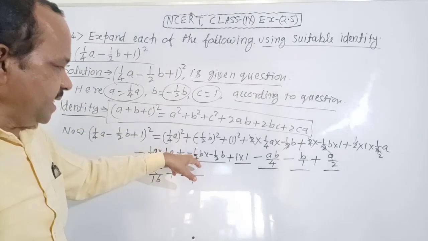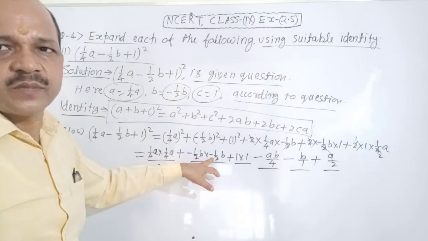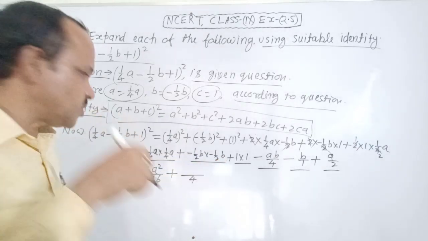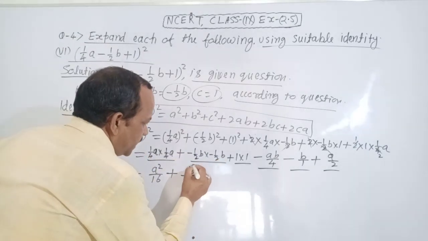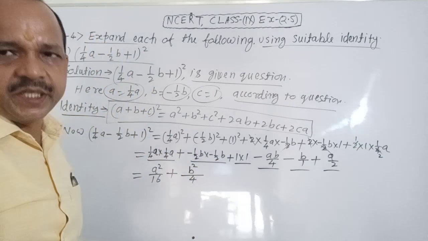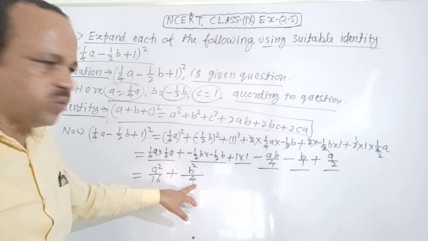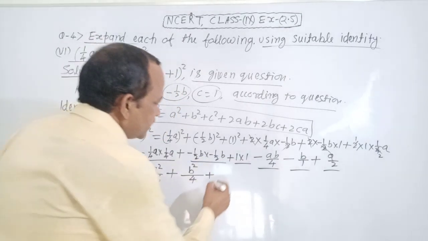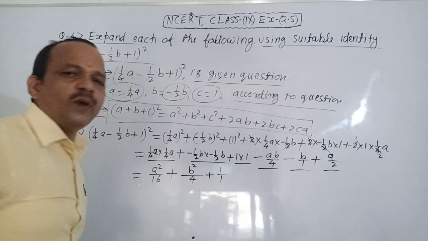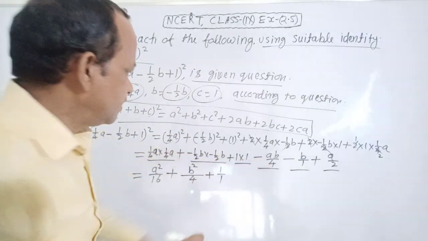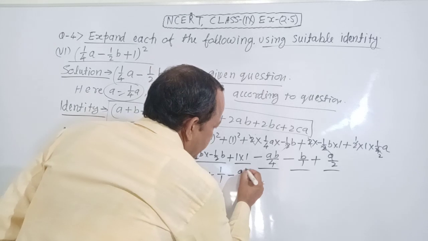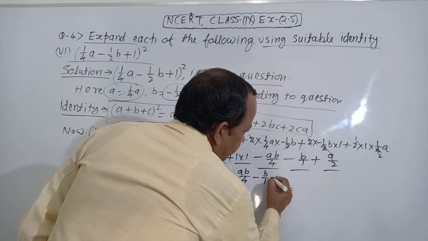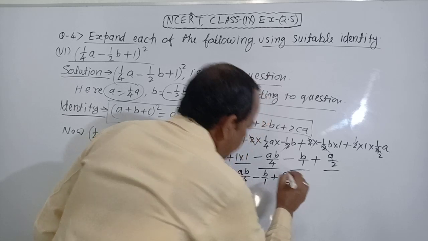Here minus multiplied by minus becomes plus. B multiplied by b becomes b square. It becomes b square by 4. Here 1 1 is 1. You can write 1 by 1. Clear? Here minus ab by 4 minus b by 1 plus a by 2.